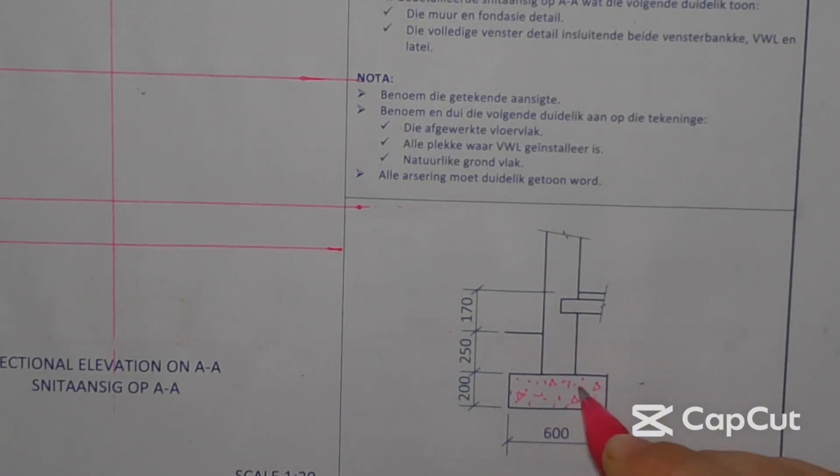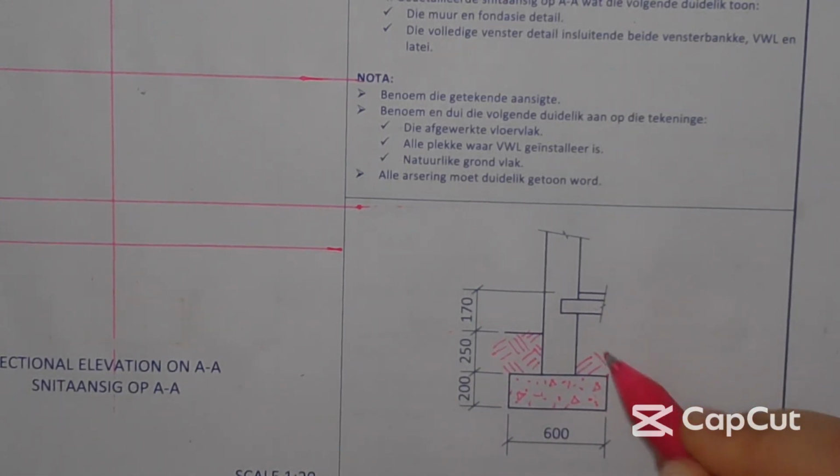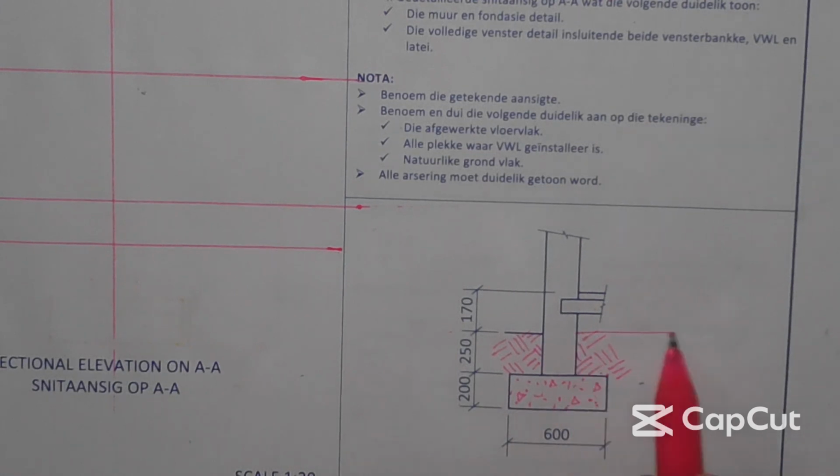Okay. Then we have our natural ground, or the disturbed ground. We're supposed to do it all the way around, but I'm just going to do a few examples. Right.